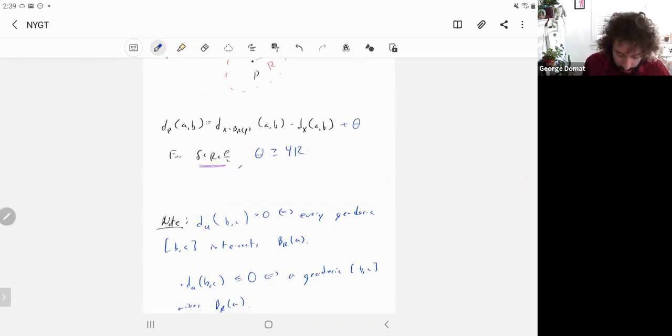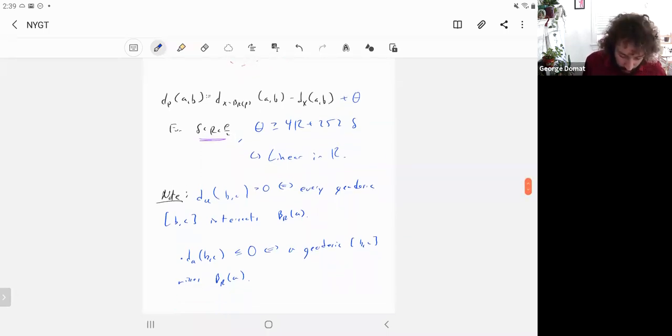It depends on R and delta. It is important, and I'll say later why, that this is linear in R. This will come up later. I've named it theta suggestively because it's going to satisfy the projection axioms with this constant theta. So now, really big just means bigger than theta, and small means less than or equal to theta.